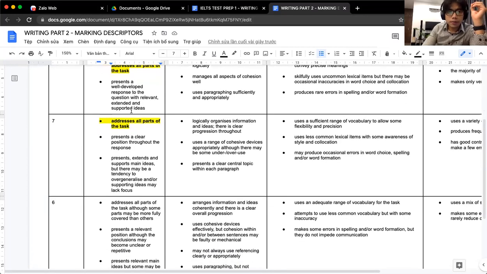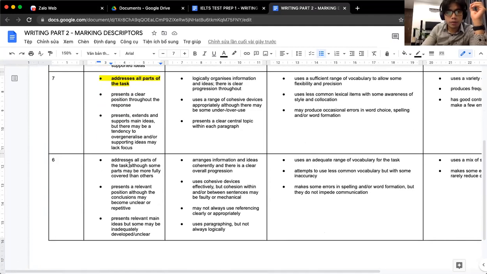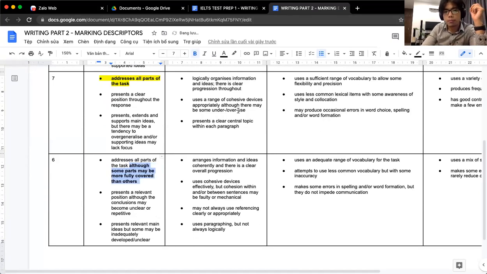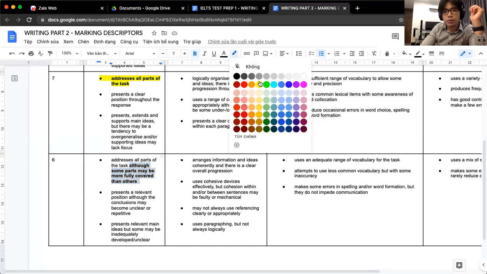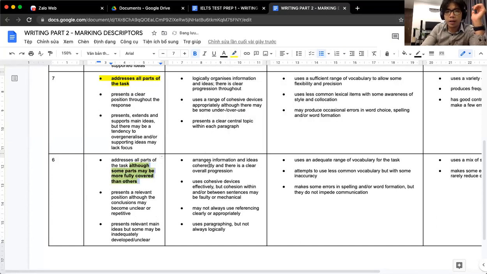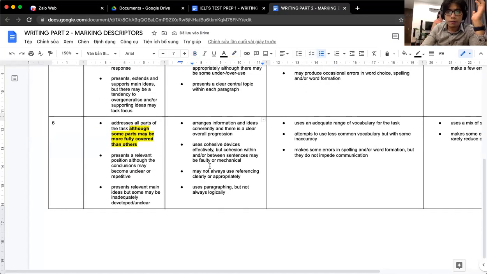If you look at band six, the same as band seven, but the problem is some parts may be more fully covered than others. This happens when you don't have a balanced essay. For example, you focus too much on this thing, and then you only briefly go through the other side quickly. That is not a good thing to do as well.